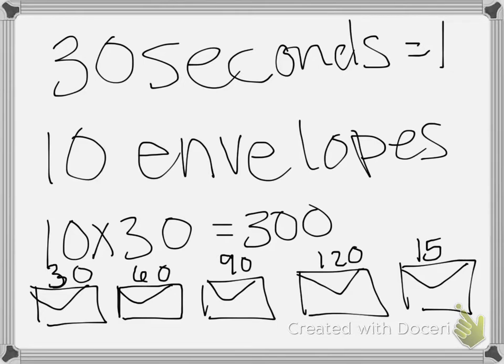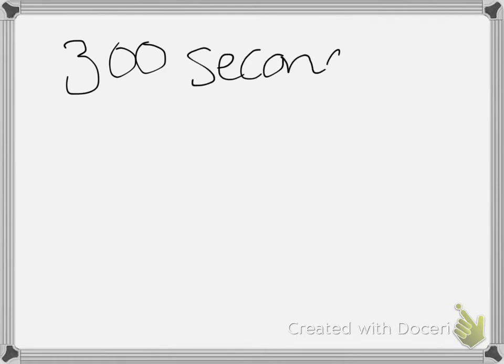Then the next one asked, how many seconds would it take her to address 100 envelopes? So we could say, well, in problem 1, I found that 300 seconds equals 10 envelopes.